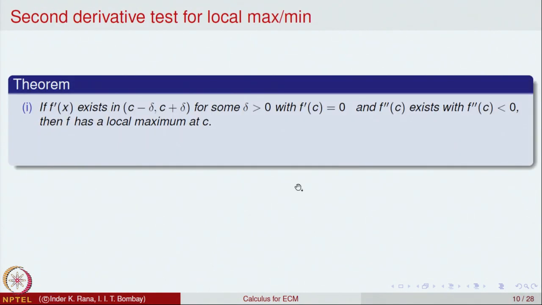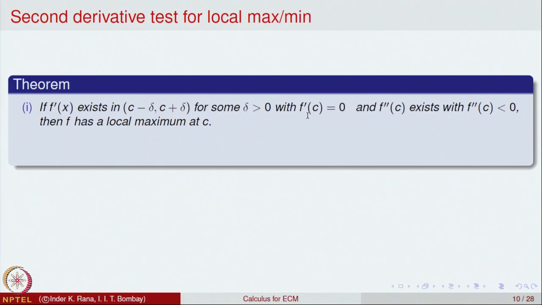In terms of the second order derivative, the condition says the following. If f'(x) exists for a function defined in an interval c minus delta to c plus delta, that is, the first derivative exists in a neighborhood, then we can ask whether the second derivative exists.